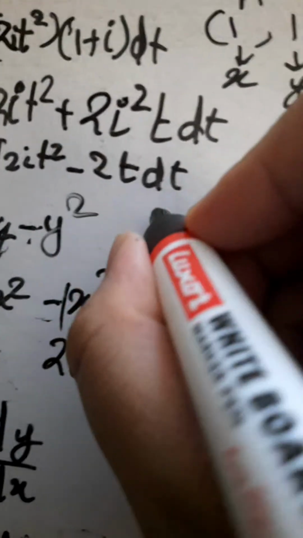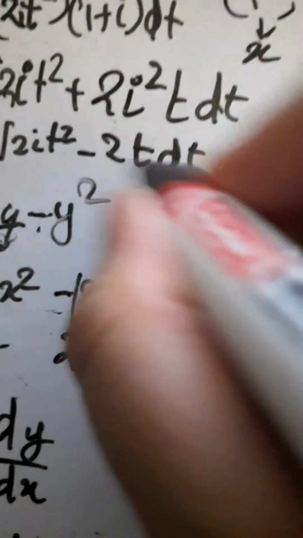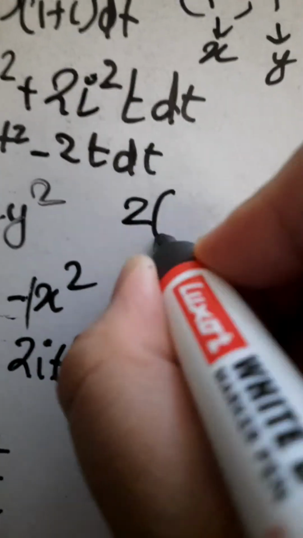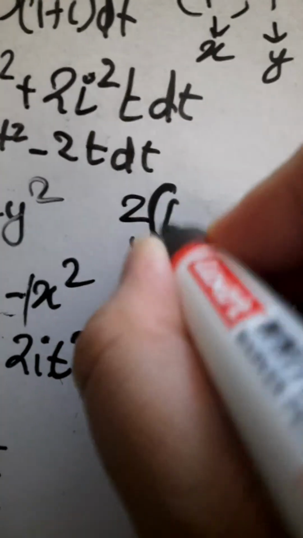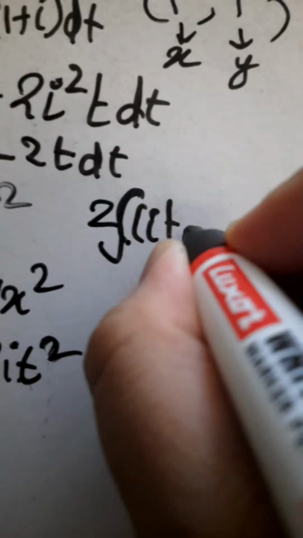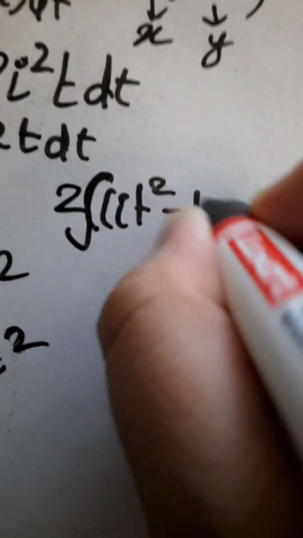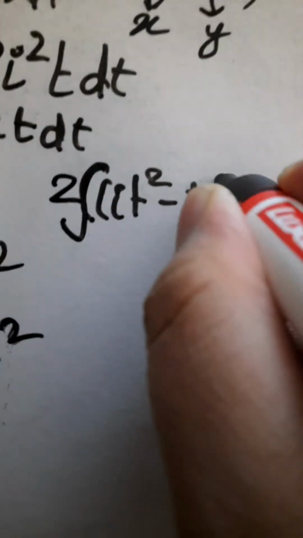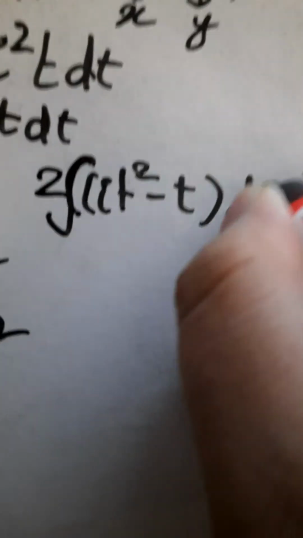So we can take 2 out from both: 2 here taken out, it square; 2 here taken out, t. So 2 integration of it square minus t dt.